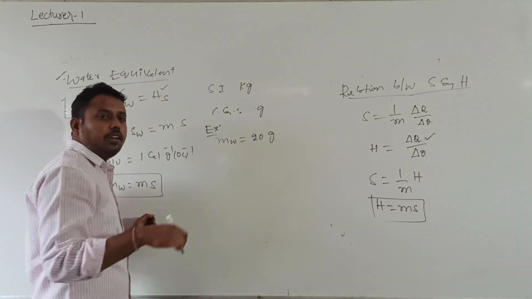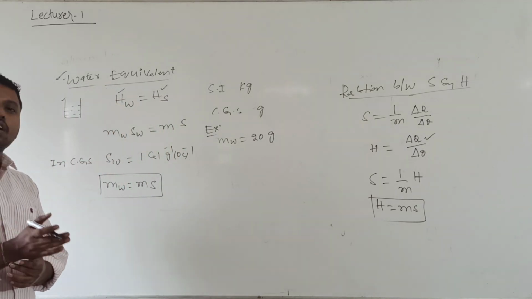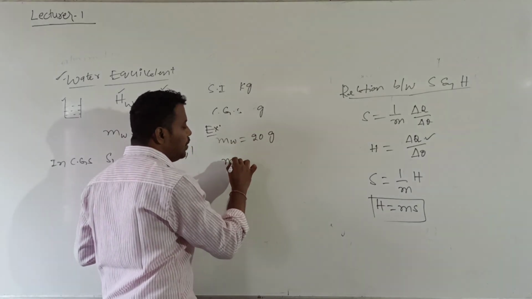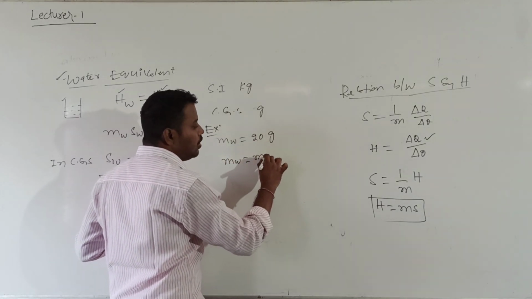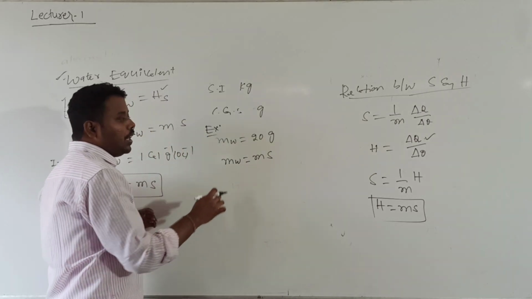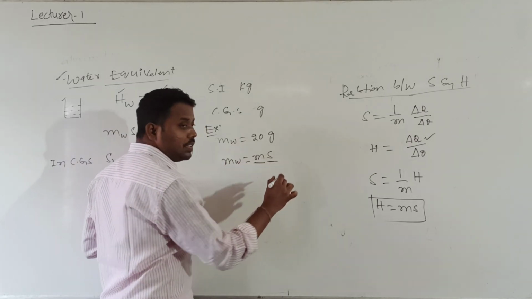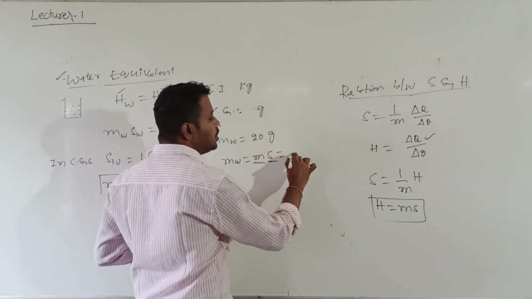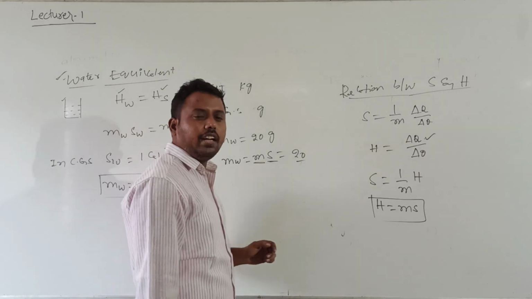In a calorimeter, the water equivalent is 20 grams. That is, the mass of the water is 20 grams. But what is the MW value? The MW value is equal to m into s. MW is the product of mass of the substance with the specific heat of the substance. So that answer will be equal to how much? 20. Are you getting it?